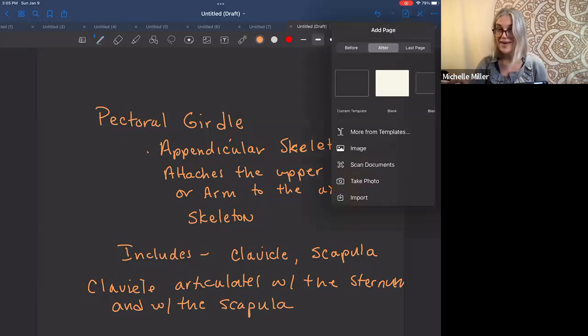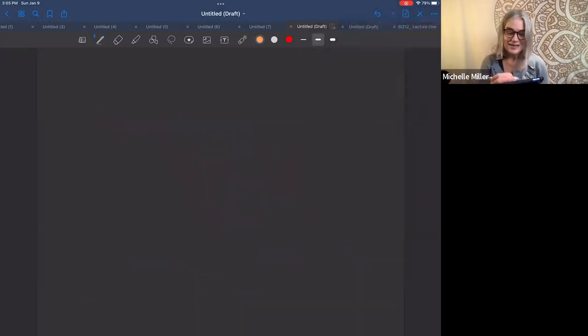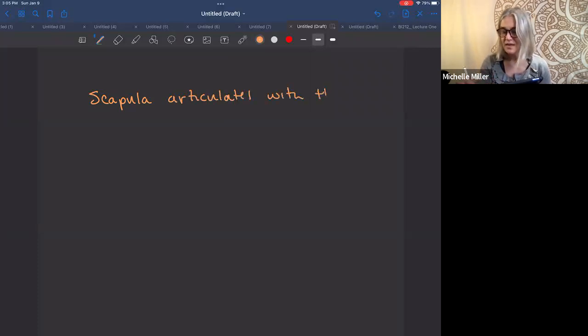So I could say that then the scapula articulates with the humerus, and this makes up the shoulder joint.